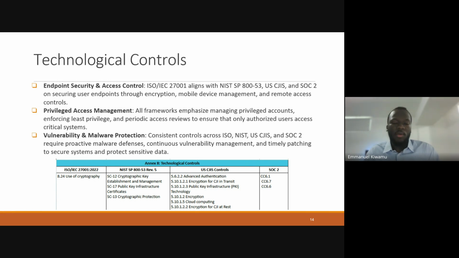And as you can see from the screenshot, in terms of cryptography, all the standards mention the need for cryptography, and these are the control areas that map to the ISO control on cryptography. So if you're implementing cryptography in ISO, you can replicate that process and achieve these same control requirements in the other standards.